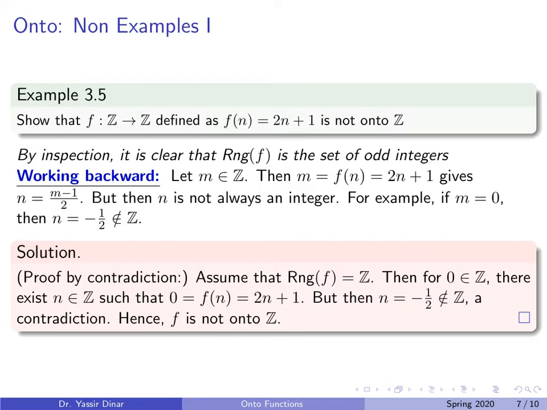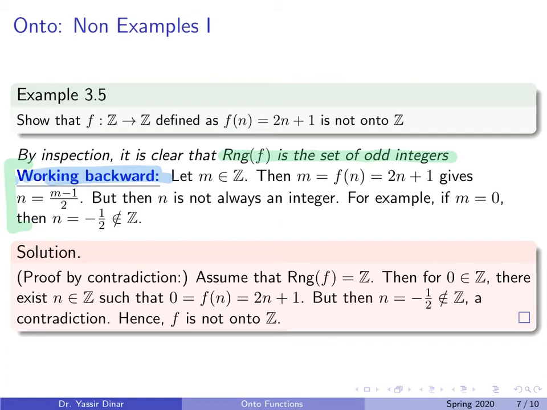Now we have to say that not always do you need to work backward. For example, this function here is simple, and we know that the range of f is a set of odd integers, and so without using working backward, I can take any even number and then prove a contradiction.